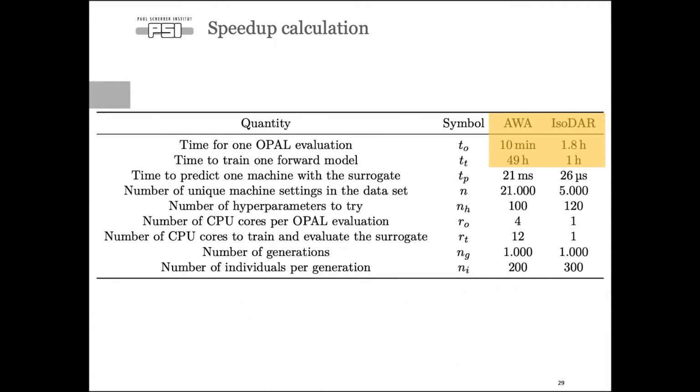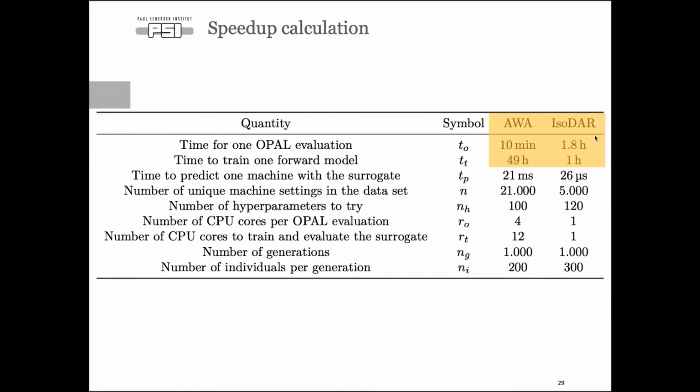If we have a look at the computation time, then we see a clear advantage of the surrogate models compared to OPAL. For the AWA, one OPAL evaluation lasts 10 minutes. One prediction with our surrogate model lasts only 21 milliseconds.